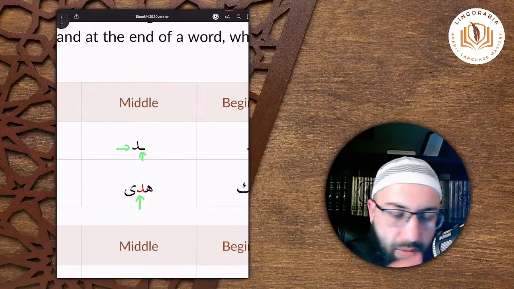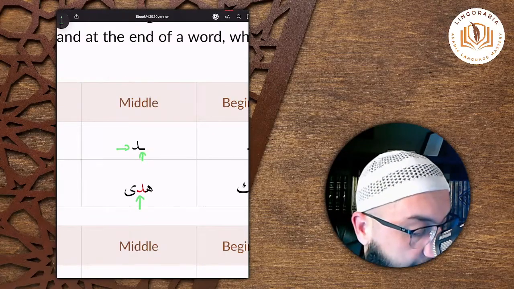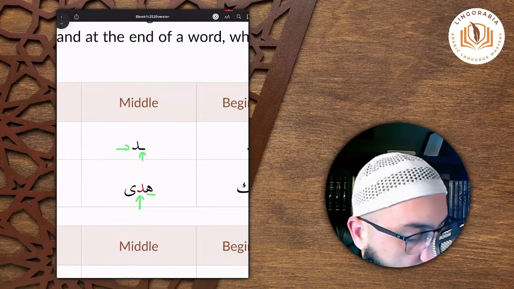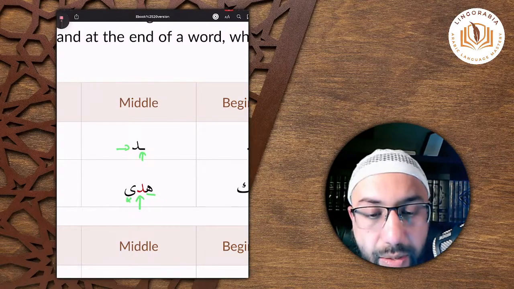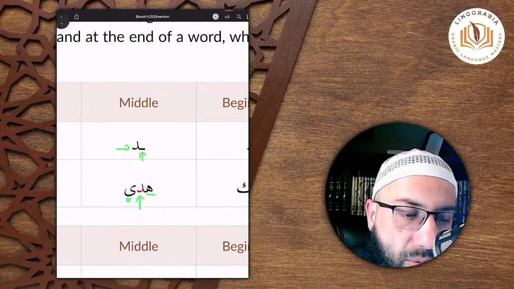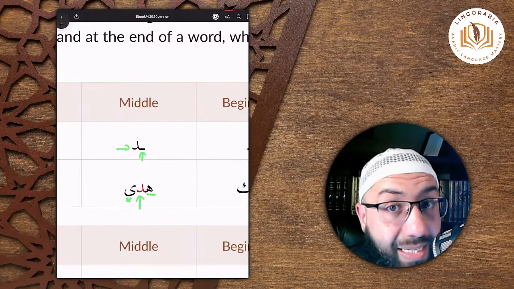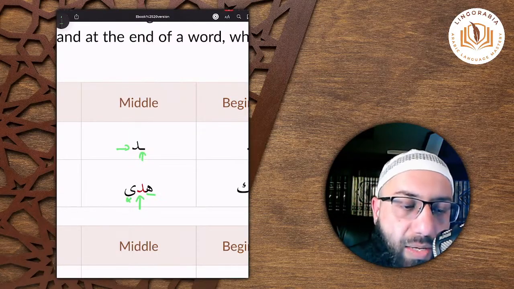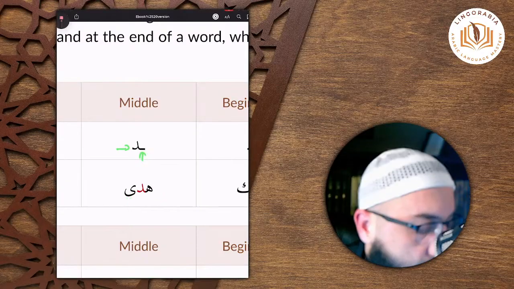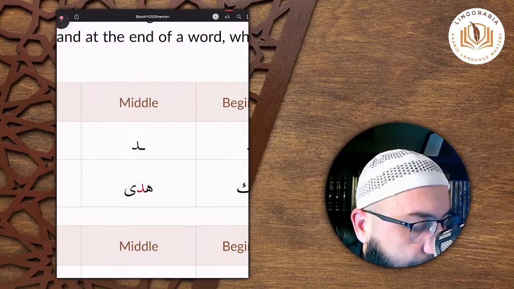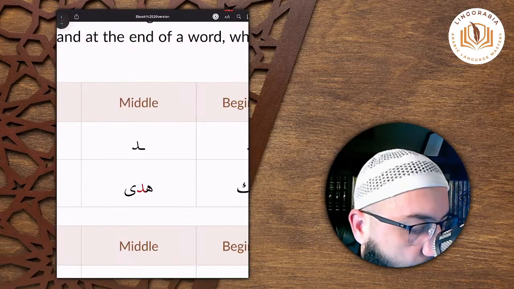We see that it is connected with the letter before, but it's not connected with the letter after. So that's also with the dal, like the alif. We can connect it with the letter before, but not with the letter after. So this is how the dal will look in the middle of a word.